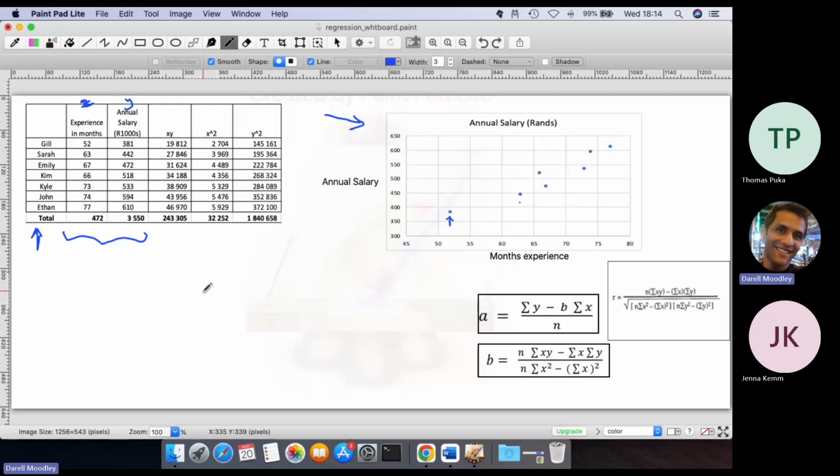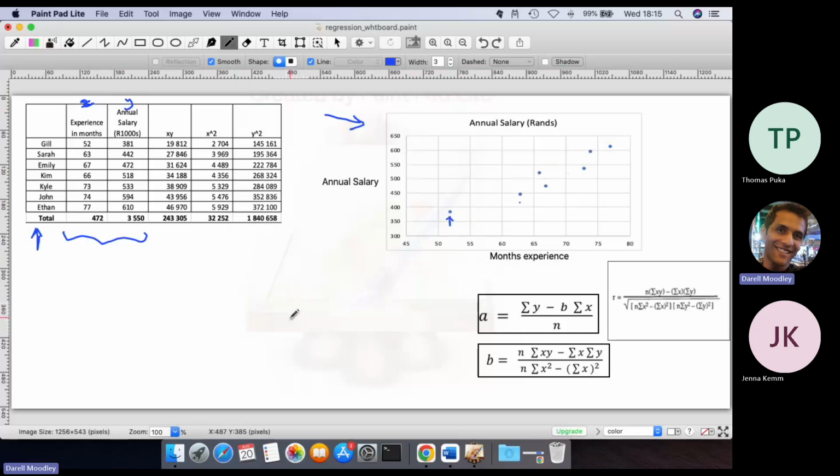Now, what is important for you to determine is what is your x and your y. Now, you won't be told that necessarily in your exam. You need to figure out which is the x and the y. And how you do that is you look at what variable is influenced by the other. So for instance, I can tell that the more months of experience you have, that is likely to affect your salary, okay?